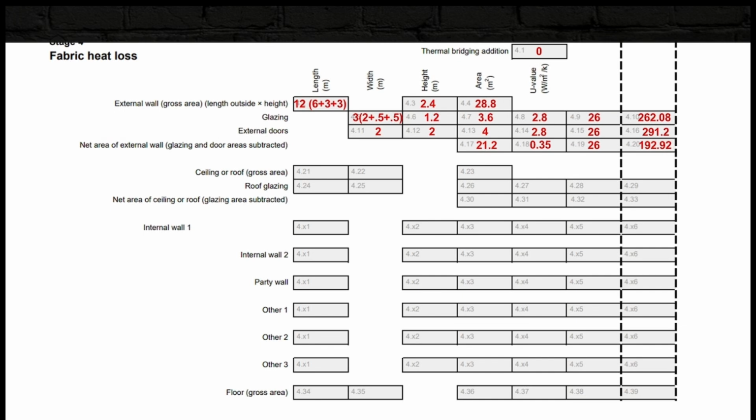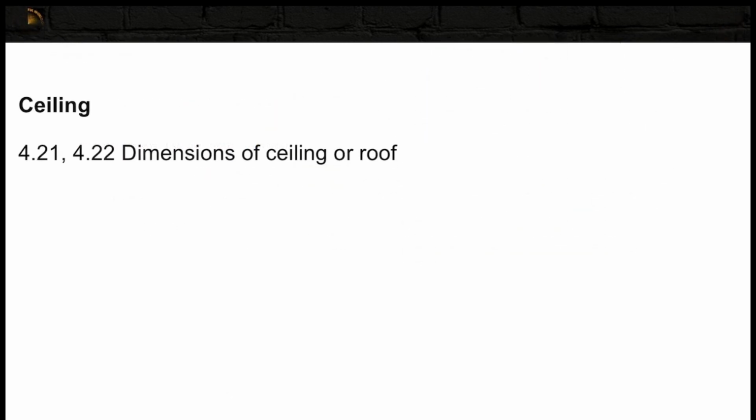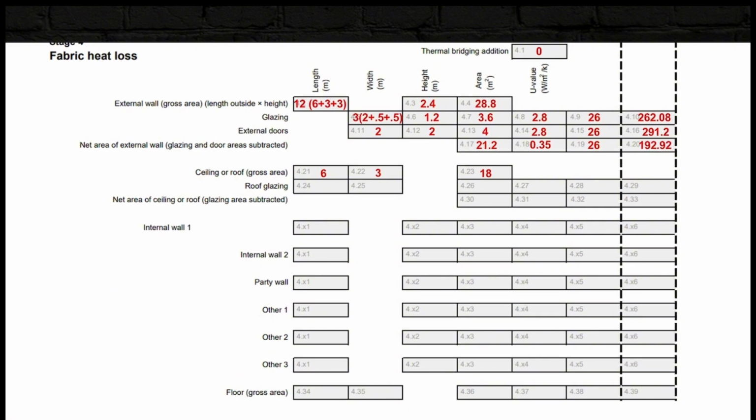Okay, down to box 4.21, which is our ceiling area. So the dimensions of our ceiling are the same as the room, which is 6 metres long by 3 metres wide, which gives us a total net area of 18 square metres.